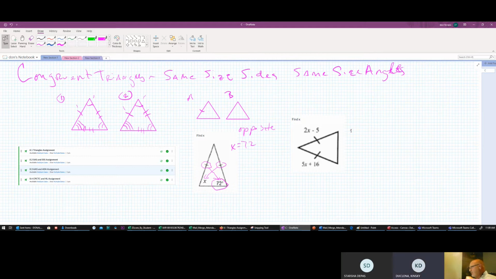I'm not sure. Okay. Well, let me ask you this. What does this tick mark and this tick mark tell us? Congruency. The sides are the same length, correct? Uh-huh. So, in algebra, if those sides are the same length, how would we set up this equation to solve for x?